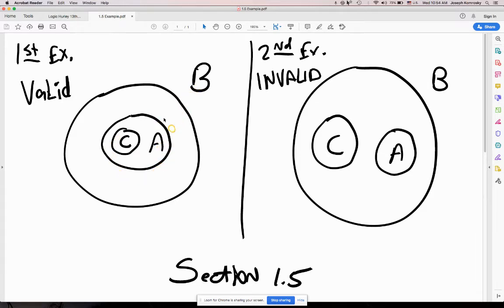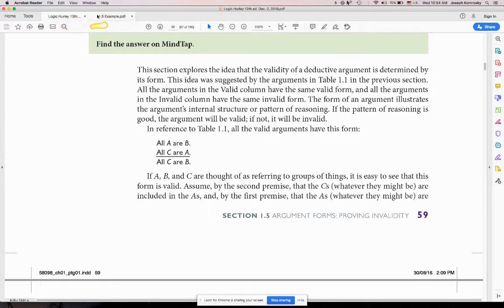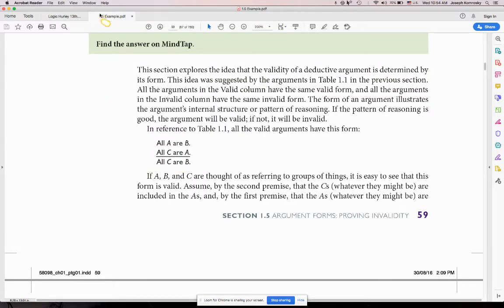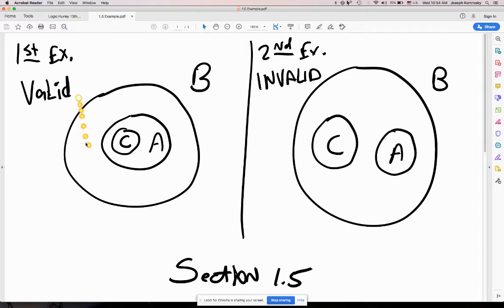And then he's saying, let's look at the second premise, all C are A. So inside of the A circle, there's another circle, the C, that's saying all these C's are inside the A's, right? You're just demonstrating premise two. And then the conclusion says all C are B. So remember, we're trying to see if this is valid.